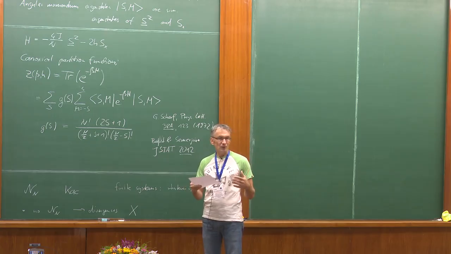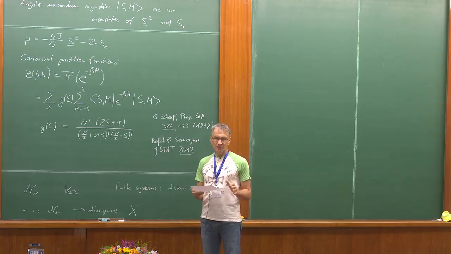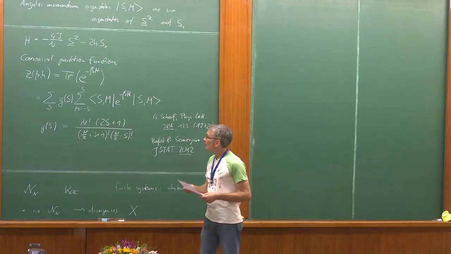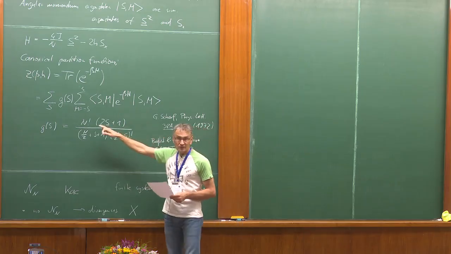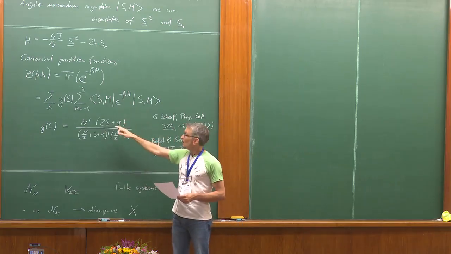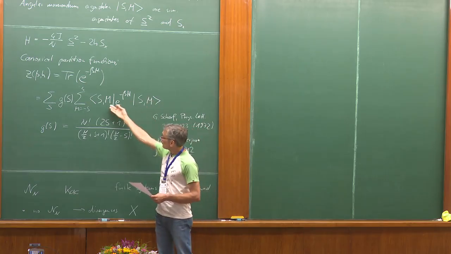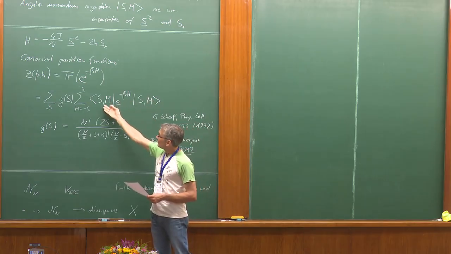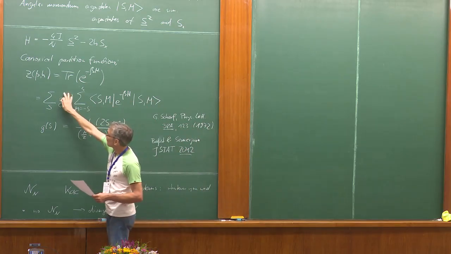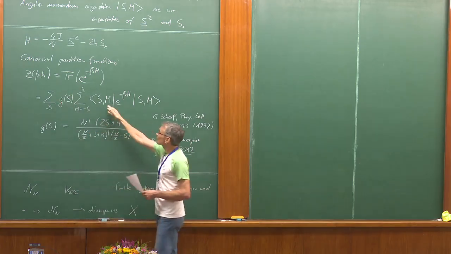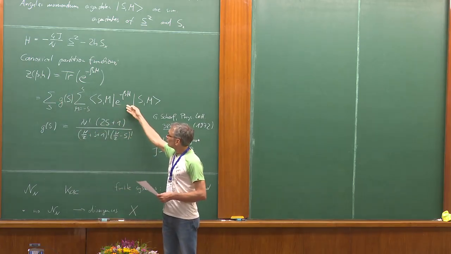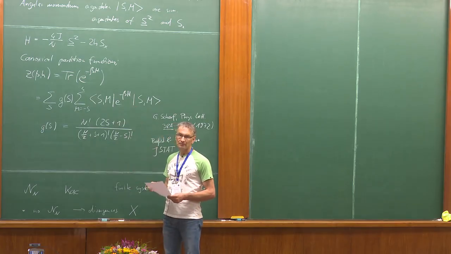So not everything looks like a single particle, but if you do an equilibrium calculation like this, we are essentially dealing with a system that, apart from this multiplicity factor, looks like the partition function of a single large spin.